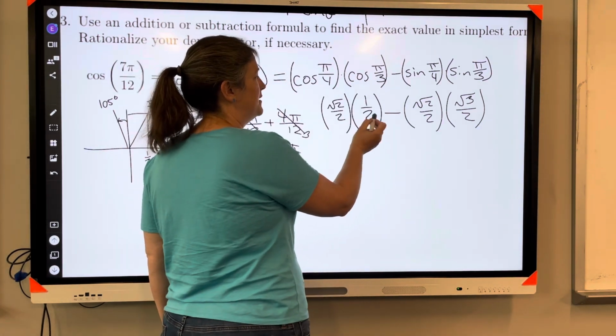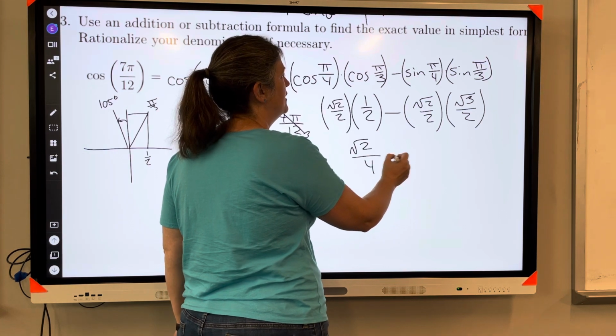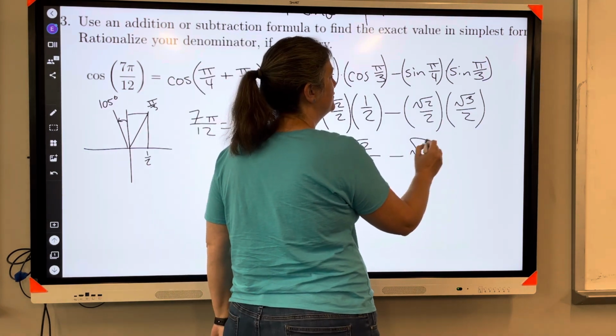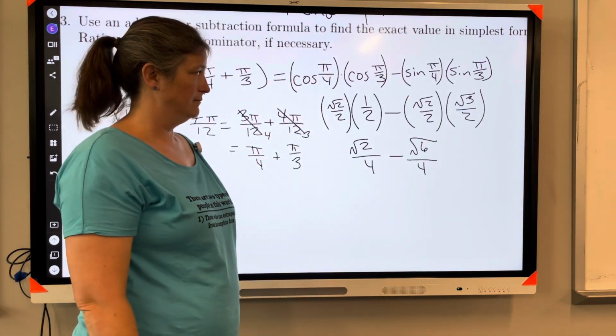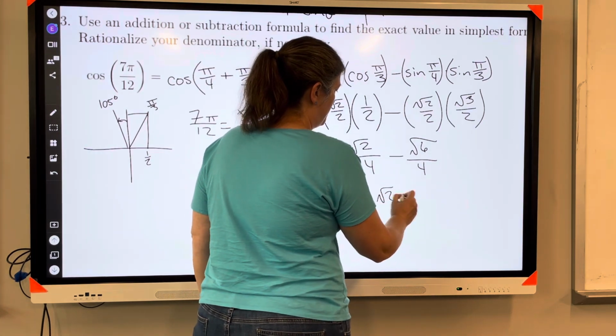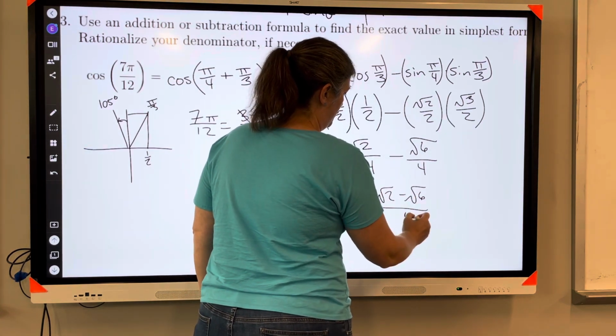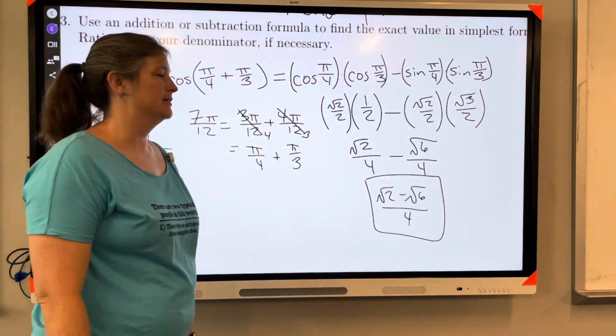Look at how my denominators work out so nicely. I get the square root of 2 over 4 minus the square root of 6 over 4. Yay, common denominator. Square root of 2 minus the square root of 6 over 4. That's it. That's as much as I can combine it. That is as simple as it gets.